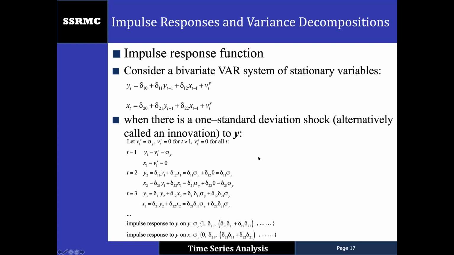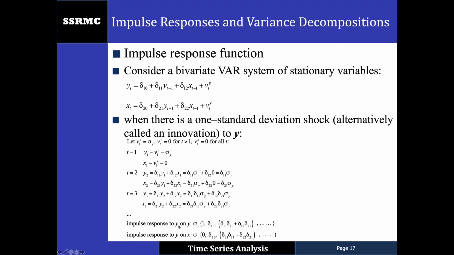We also hold everything else constant, just one standard deviation shock in period 1. What's going to happen next? In the first period, using these two equations, we can calculate the value of y1 and x1. And then we carry on with the calculation. We can calculate the value of y2 and x2 in period 2, and period 3, and so on.